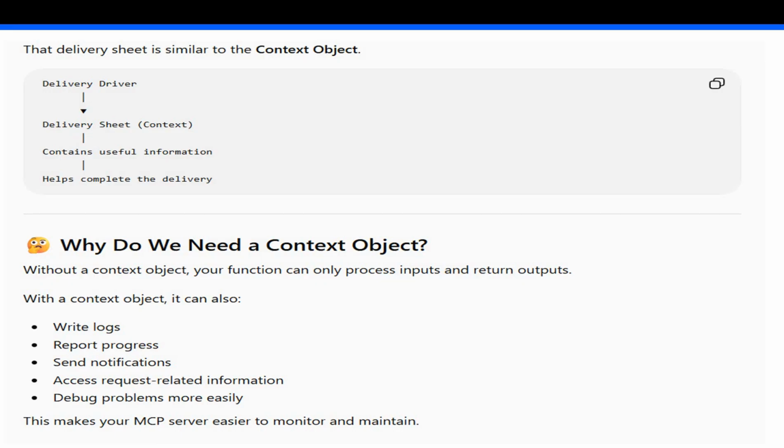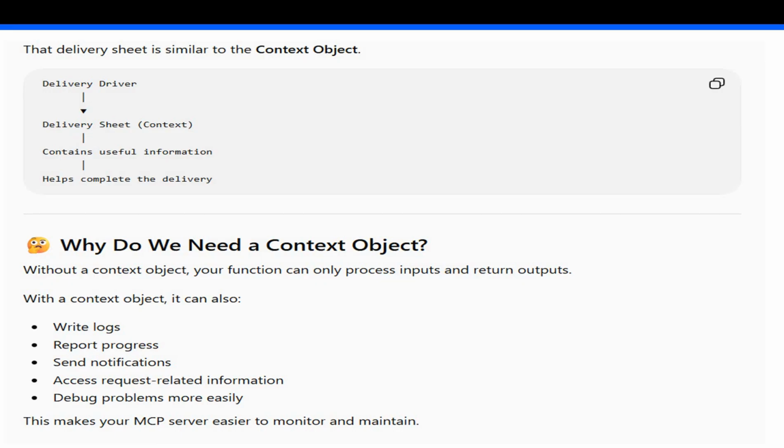Let me explain in very simple terms why we really need the context object. Just imagine we are not using the context object. In that case your function can only process input and return the output. It has only these two abilities.